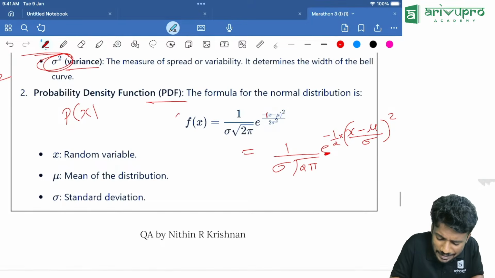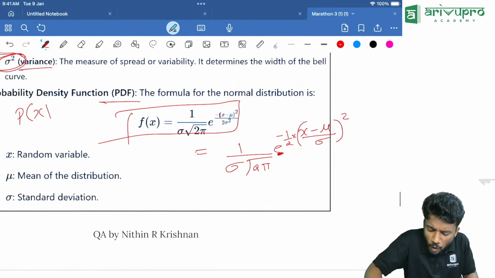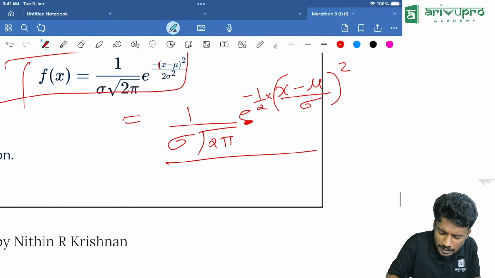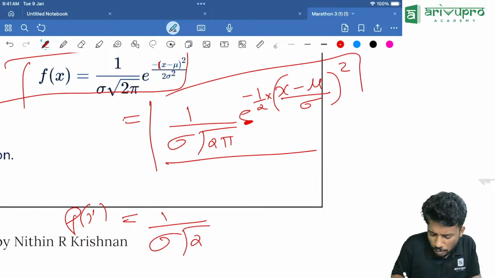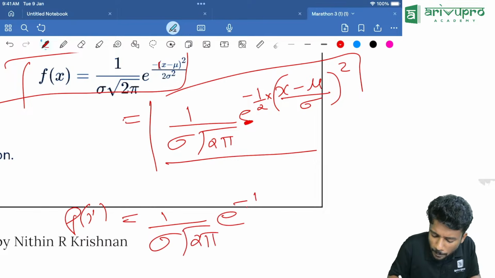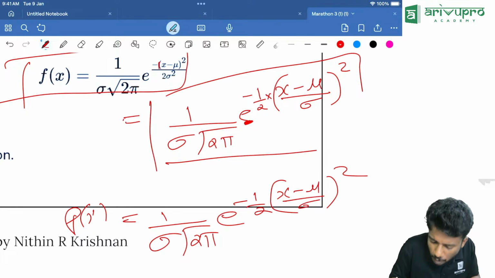You can also write it as p of x equals 1 by sigma root of 2 pi, e raised to minus 1 by 2 times (x minus mu divided by sigma) the whole square.